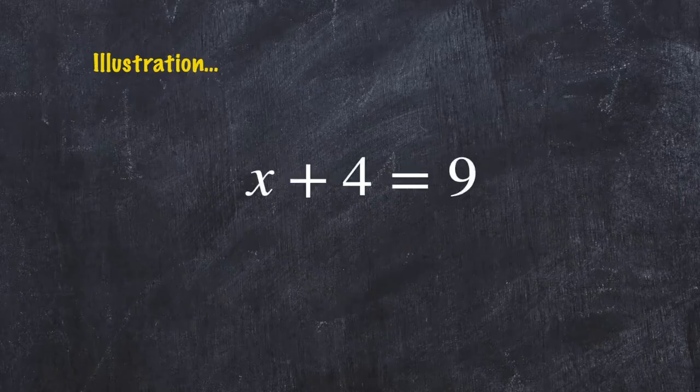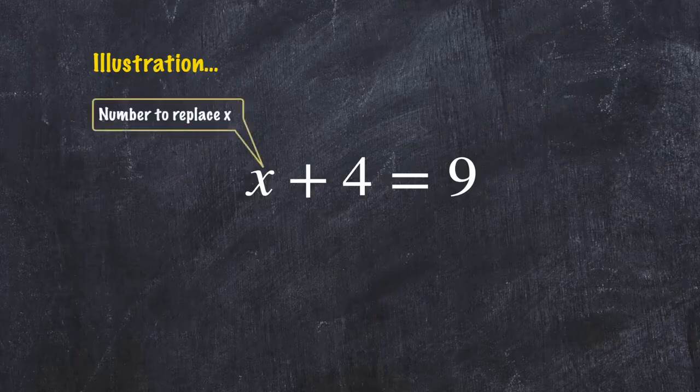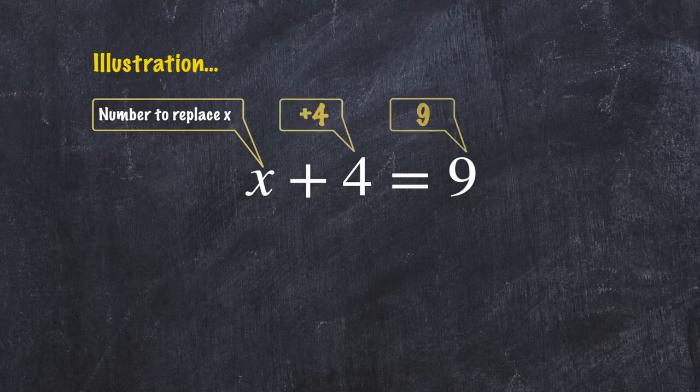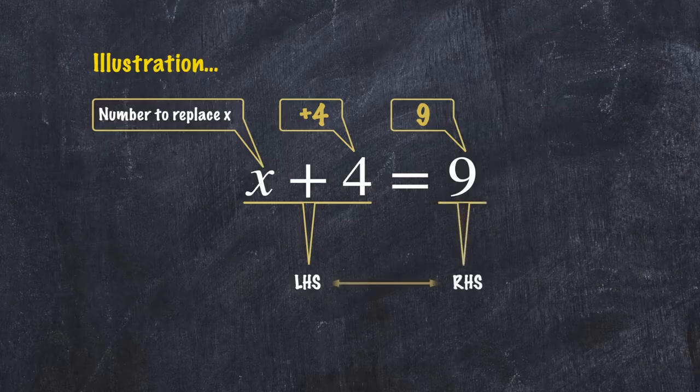Now, if I have x plus 4 is equal to 9, the first question I'll ask myself is, what number can replace x such that if I add that number to 4, I will get a result of 9? In other words, if I take the left hand side of the equation, I should get exactly the same number as 9, which is at the right hand side of the equation.